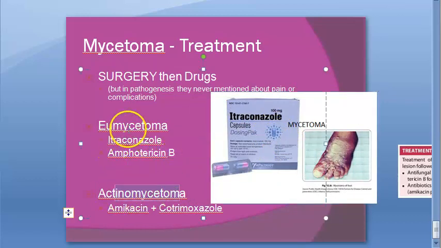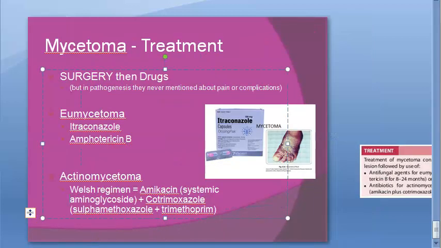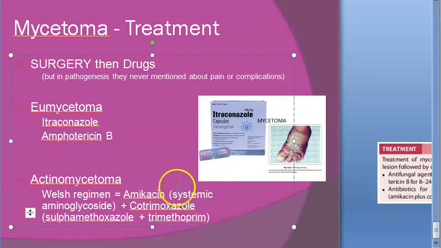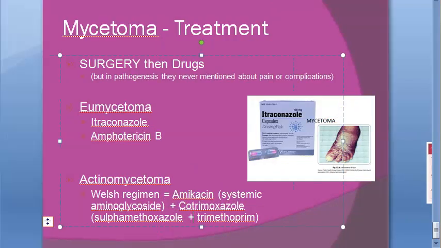If it is Eumycetoma, you will give antifungals, and if it is actinomycetoma, you will give antibacterials, amikacin and cotrimoxazole. This combination of amikacin and cotrimoxazole is called the Welsh regimen, okay? So, amikacin plus cotrimoxazole. What is amikacin?